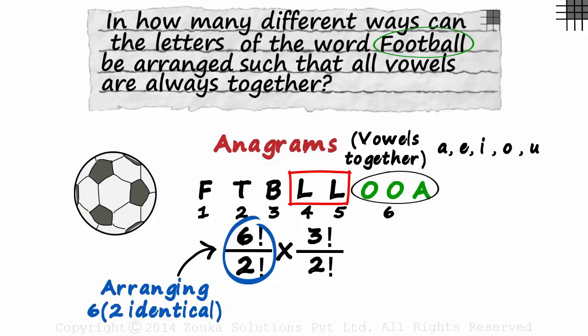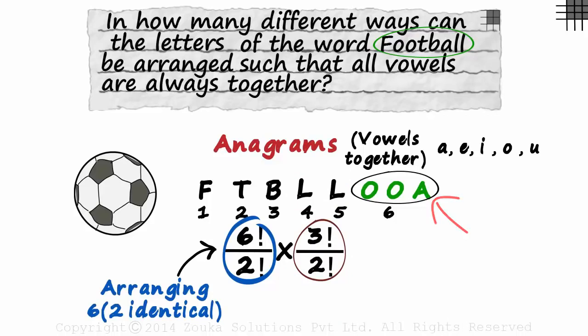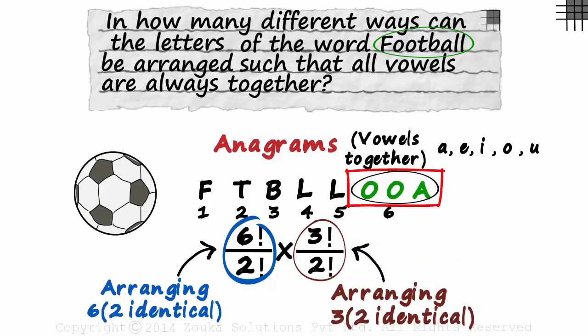And the letter L appears twice. And this is the other part of the answer where we are only looking at the 6th element which has 3 letters. 3 factorial ways in which we can arrange 3 letters, and we divide it by 2 factorial as 2 letters are repeated. As a matter of fact, if we work this second part out, we get 3.